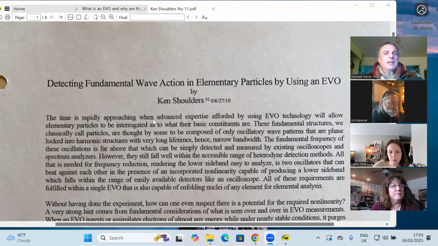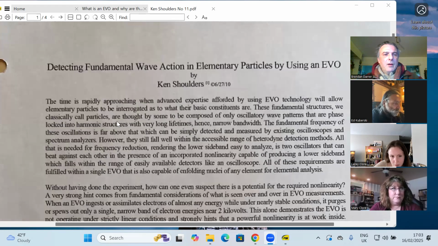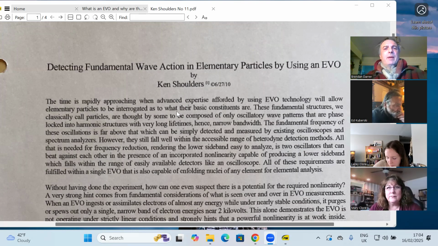Detecting fundamental wave action in elementary particles by using an EVO, by Ken Shoulders, 2010. Time is rapidly approaching when advanced expertise afforded by using EVO technology will allow elementary particles to be interrogated as to what their basic constituents are.